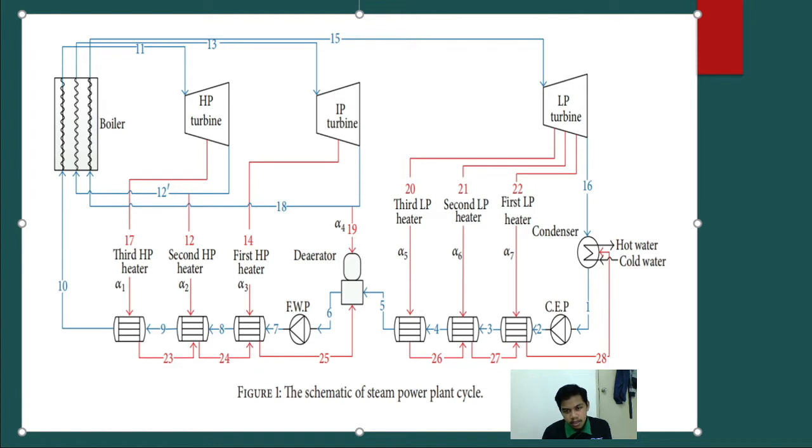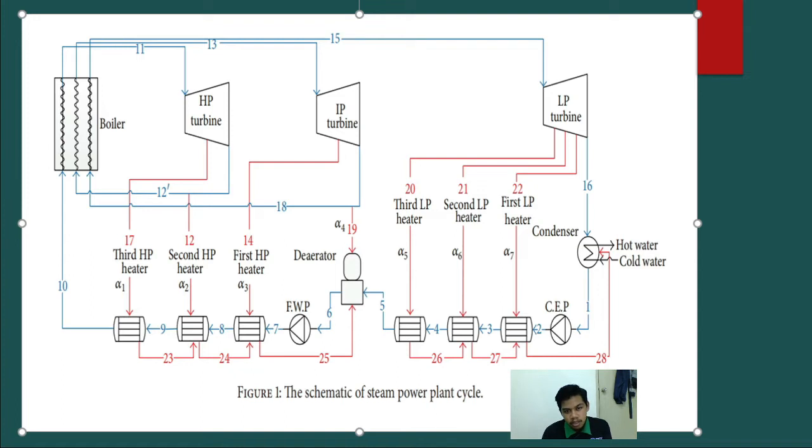The flow starts from the condensate extraction pump, which is CEP, then enters the first, second, and third low pressure heater. Then it flows into the deaerator and the feed water pump FWP.